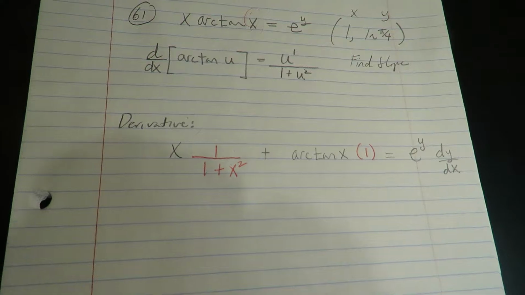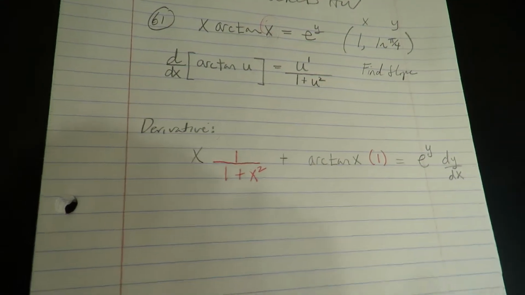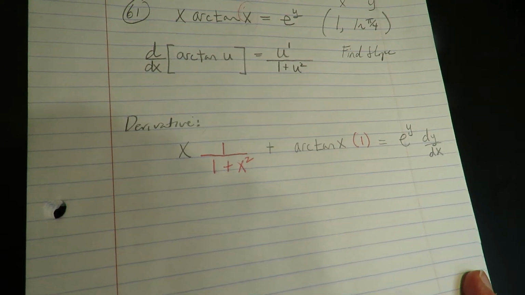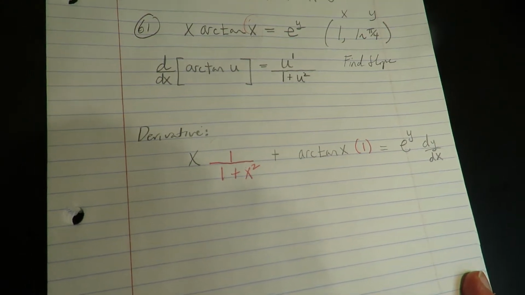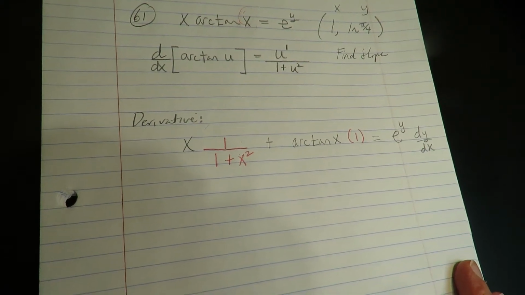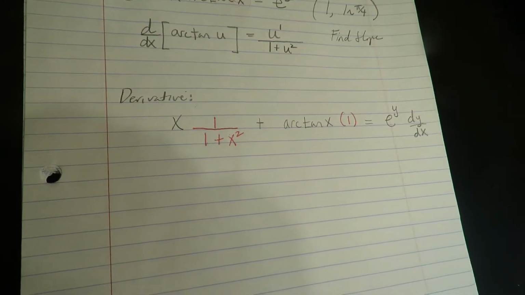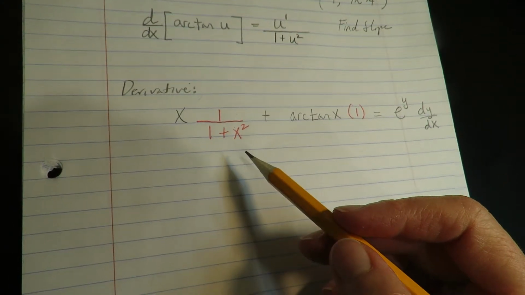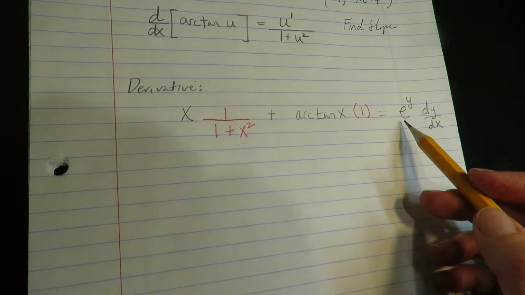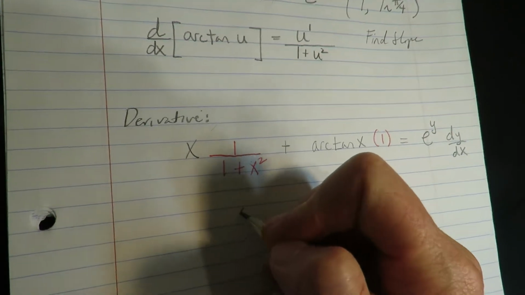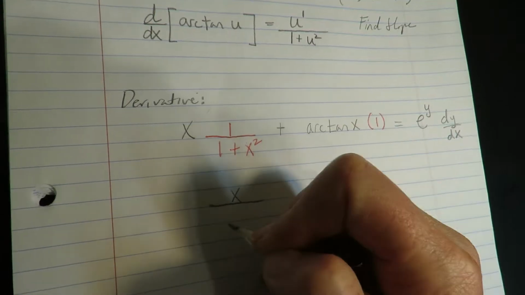Woo! Okay, let me see if we even want to simplify this at all. We're solving for dy dx. If we fiddle with this too much, we have to divide this off. I don't even want to fiddle with this too much. It's going to make a complex fraction.